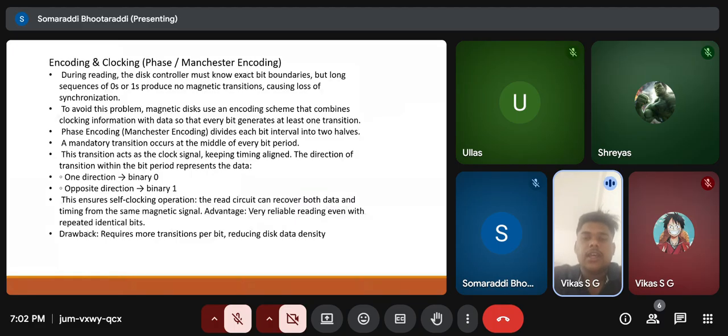To avoid this issue, the disk uses Manchester encoding, which generates at least one transition in every bit period. Each bit interval is divided into two halves, and the mandatory mid-bit transition is used for clocking. The direction of transition represents the data value.